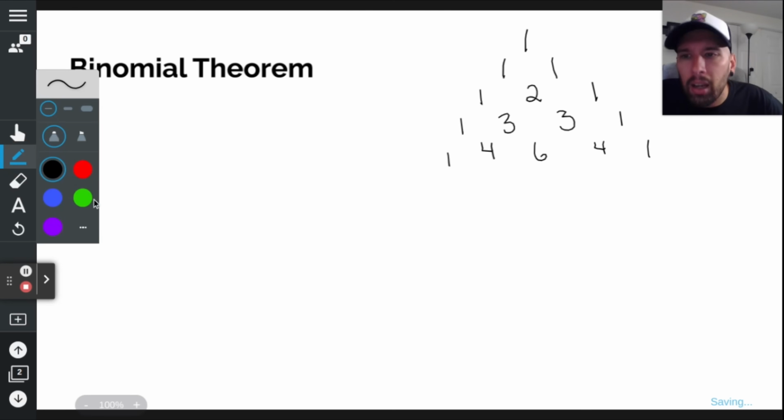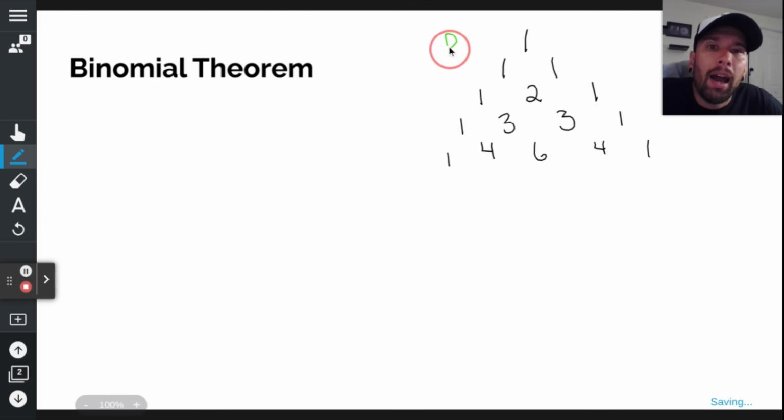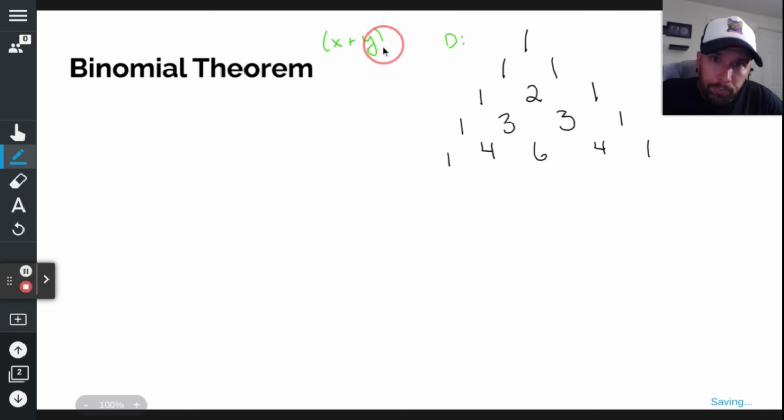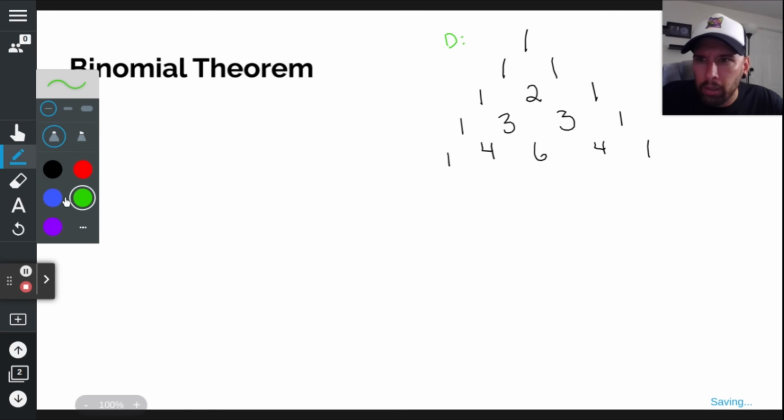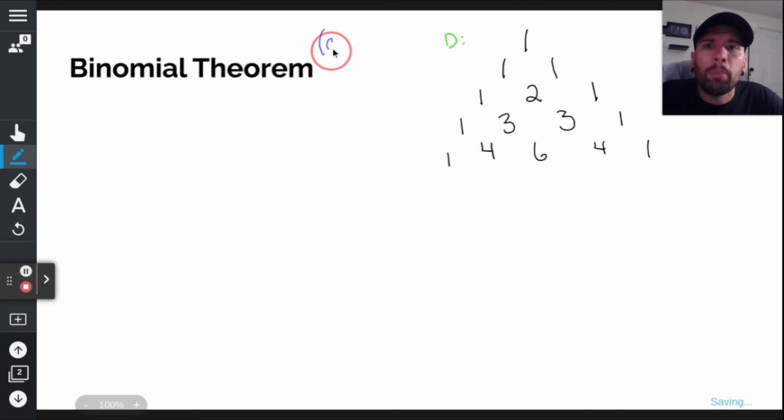Now, why does this matter? Well, the binomial theorem follows this interesting pattern where if you have something in the form x plus y, actually, you know what? I prefer to do a plus b. Let's do a plus b. I like those letters. If you have something in the form a plus b to the a power, no, we can't use a.